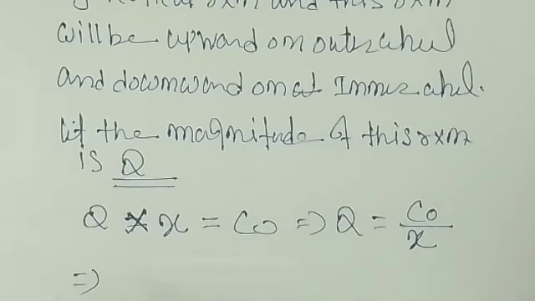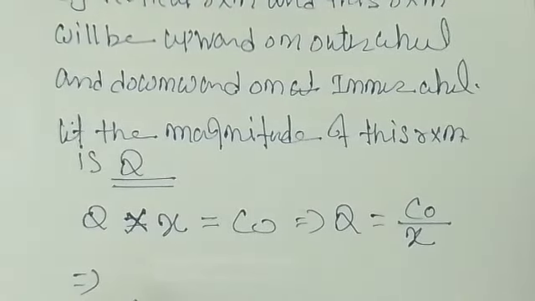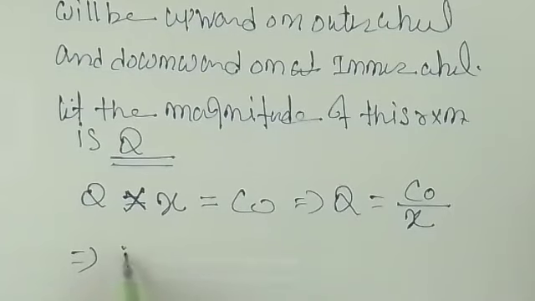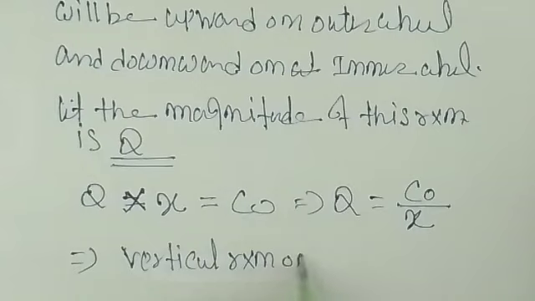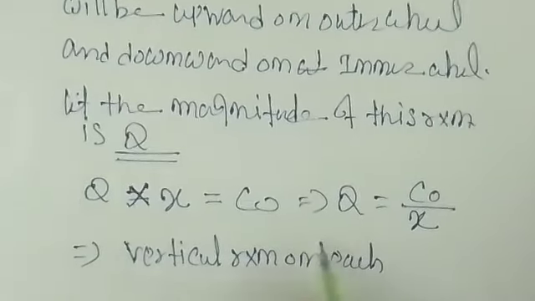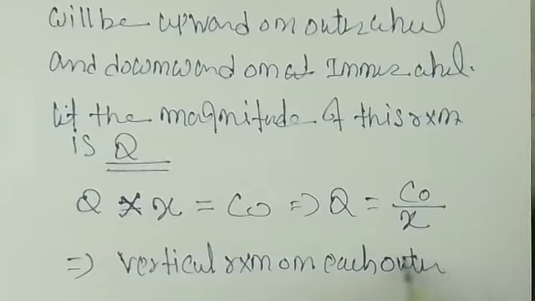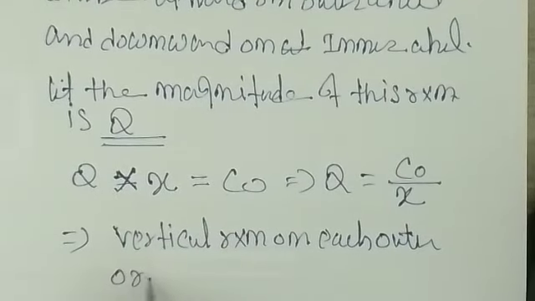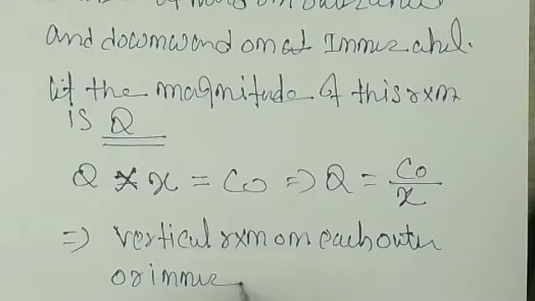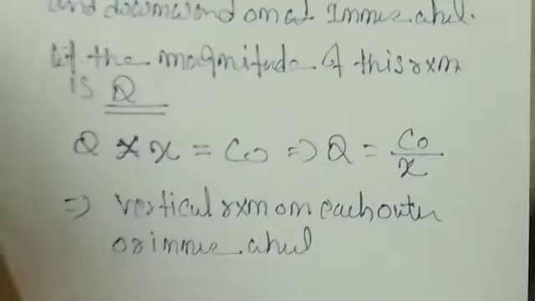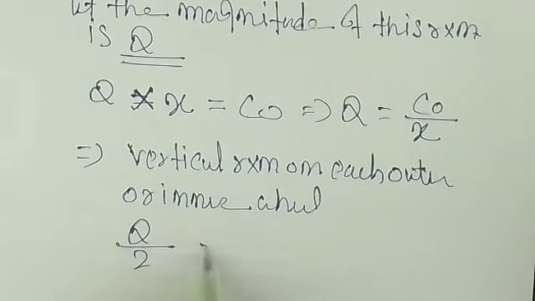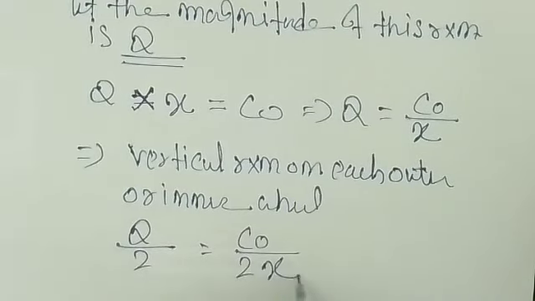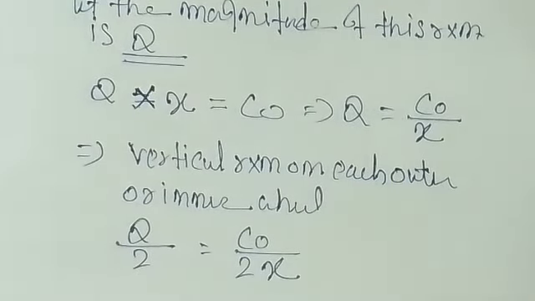So the vertical reaction on each outer or inner wheel is equal to Q by 2, which is C naught by 2x, or Q by 2 is equal to mv square h by 2rx.